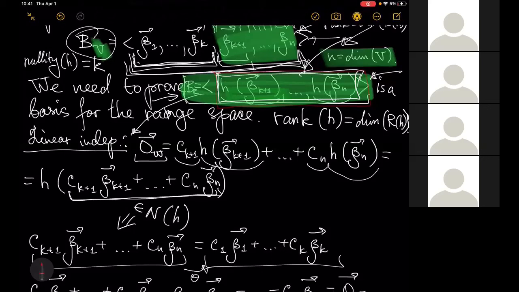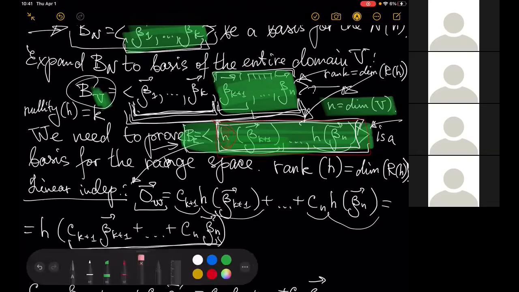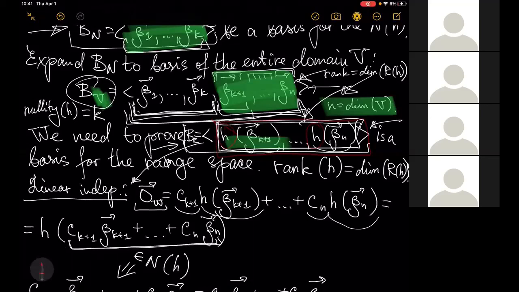So the null space belongs to your original vector space. This is why they can share the vectors of the basis. But the range is the result of application. You see, we have this H here. So the basis of the range consists of different vectors.